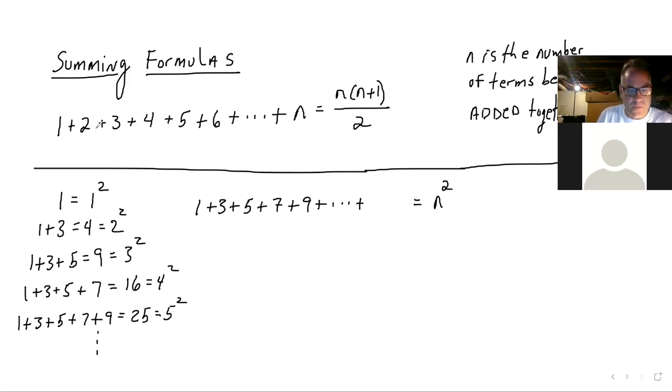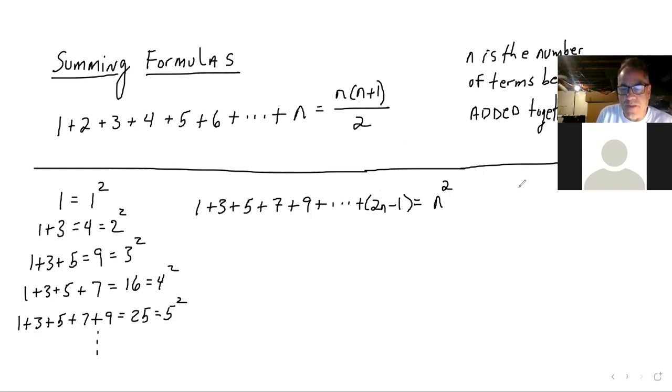This was the simplest one because n would be, in this case, the number of things I have added up. So I'm going to just put it in here. I'm going to use parentheses to keep it grouped together. But in the case of this one, it's 2n minus 1. That would be how we represent that nth term.